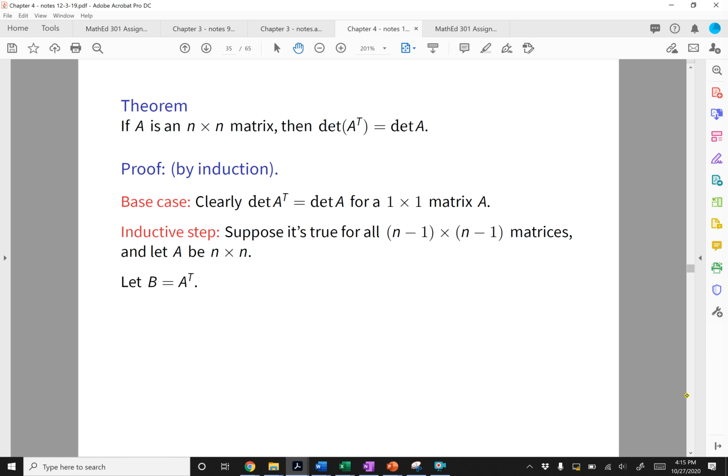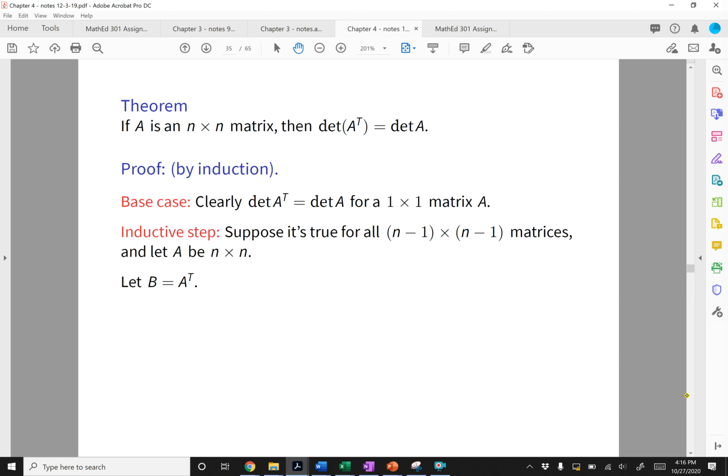The determinant of A transpose is the determinant of A. So why would this be true? I don't like the way that they prove it in this slide, or in the next couple slides. I'm going to try to prove it in class next time using elementary matrices.